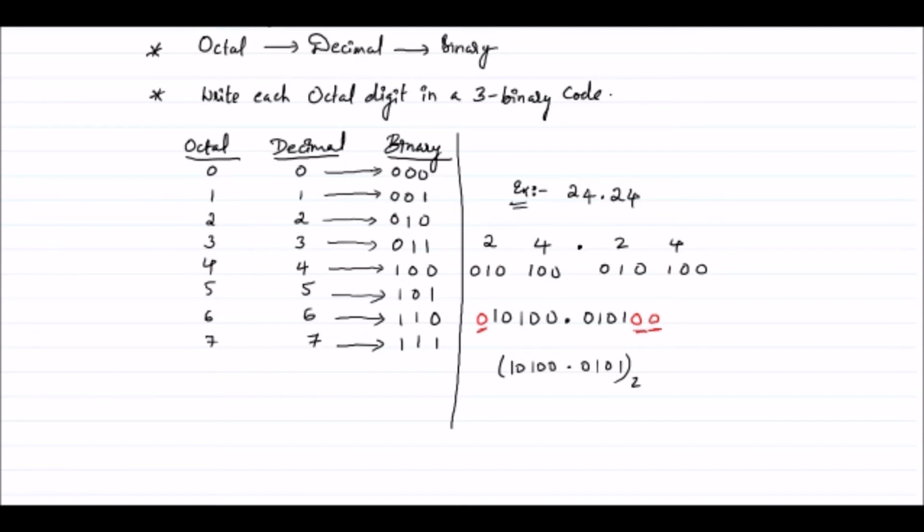I can stop here, and I can write a binary representation like this. Even if I write the extra 0s here, there is no use, because if you multiply the binary value with a power of 8, since it is a zero value, you will have 0 only. So I have not written it.